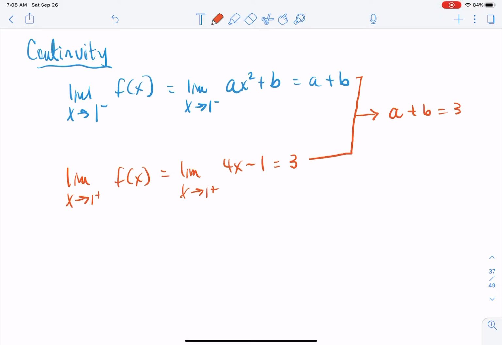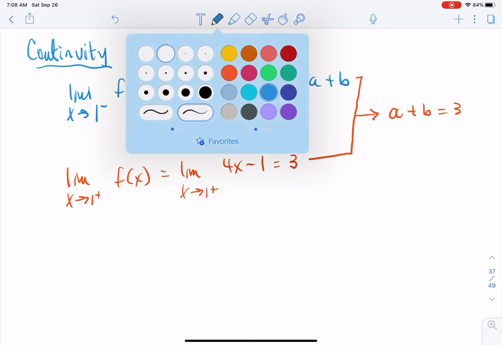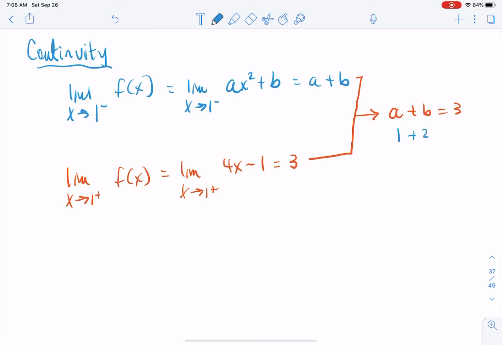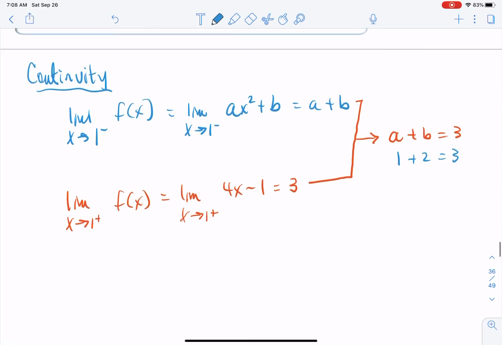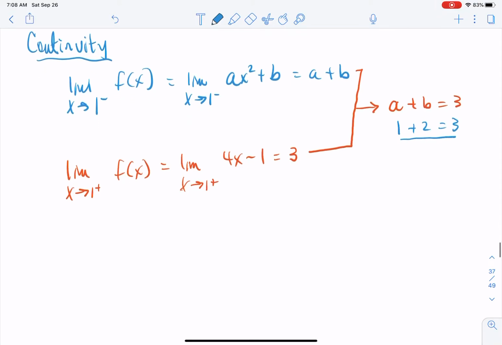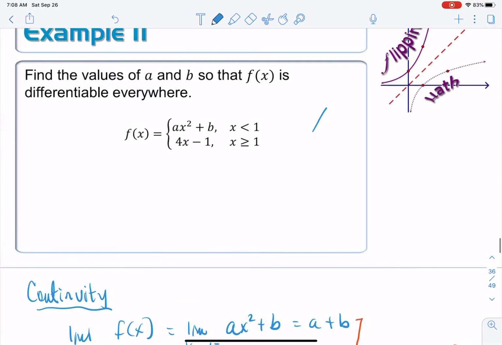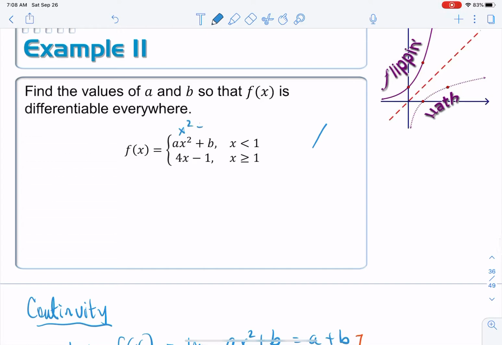Like, for example, maybe we choose something like 1 plus 2 equals 3. So 1 plus 2 definitely equals 3. So what if I chose those numbers? If I chose those numbers, then I'd have 1 times x squared plus 2 for that top branch. Just x squared plus 2.